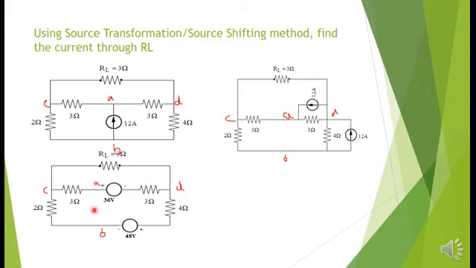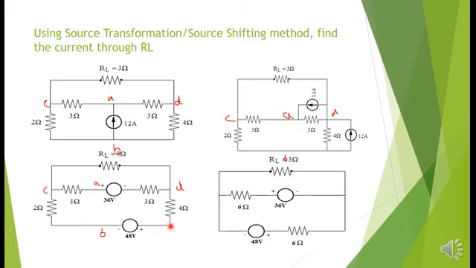When two resistors are connected in series, the equivalent resistance is the sum of the resistances. So 3 plus 3 becomes 6 ohm. And in the path C to D, this 2 ohm and 4 ohm are connected in series. So total 6 ohms. So the network reduces to this, with RL 3 ohms.